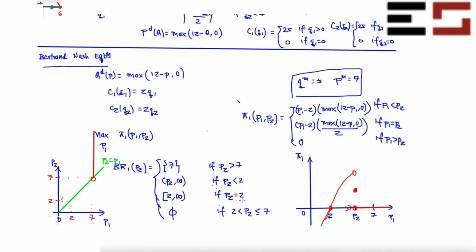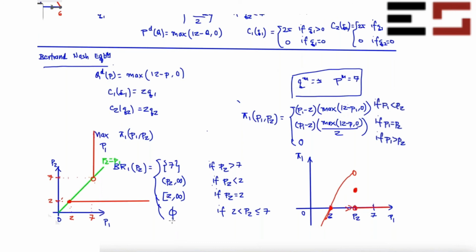If P2 is equal to 2, then anything from 2 to infinity is the best response, so I'm going to plot a line like this, because P1 can go from 2 to infinity. When P2 is greater than 7, P1 is 7. When P2 is 2, then P1 is anything from 2 to infinity, and 2 is included, so I'm going to put this point in the graph.